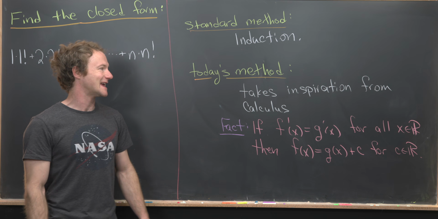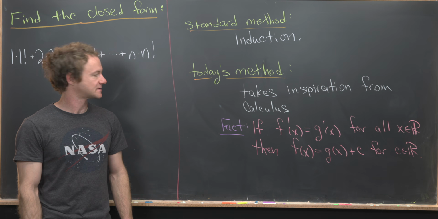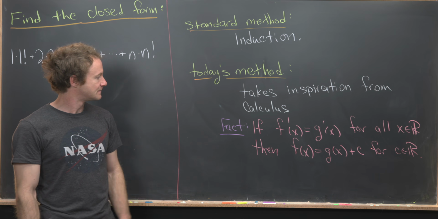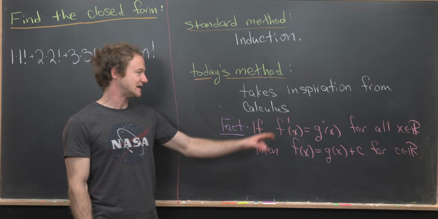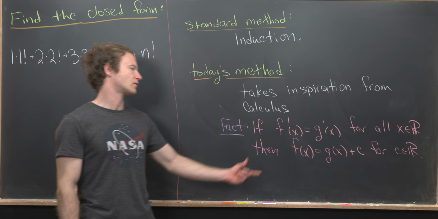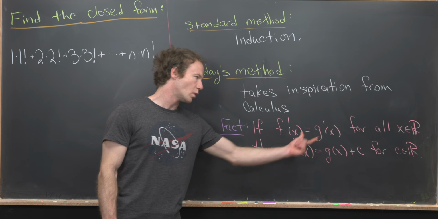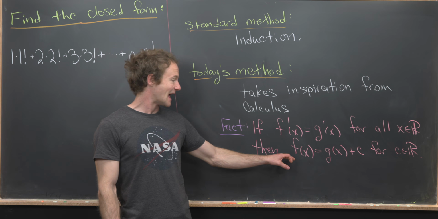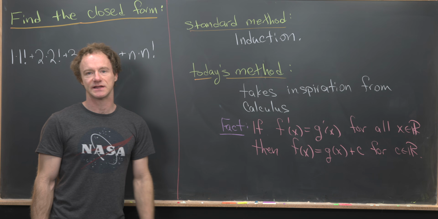In fact, we're going to take inspiration from calculus, and in particular from the following fact. If f prime of x equals g prime of x for all x in the real numbers, in other words, the derivative of f is always equal to the derivative of g, then that means that f and g differ by a constant.